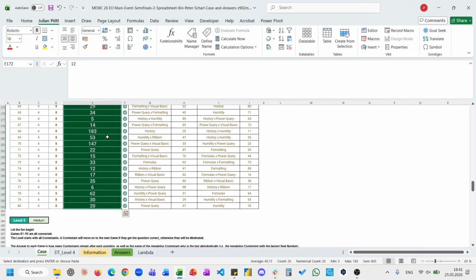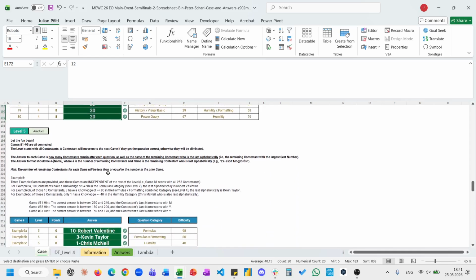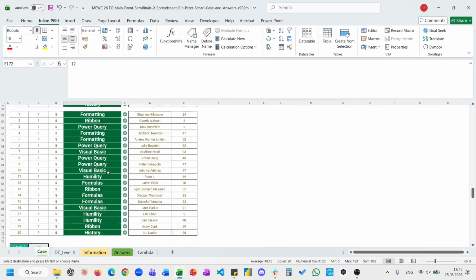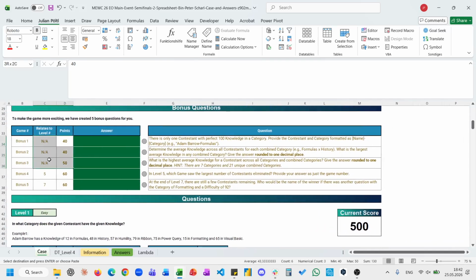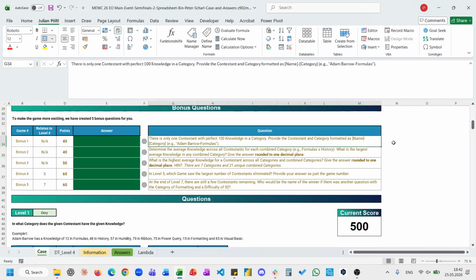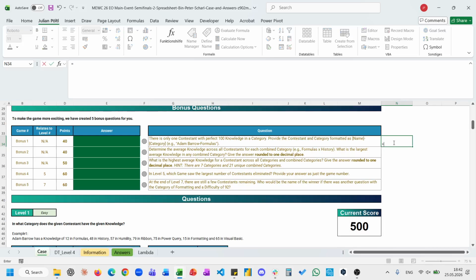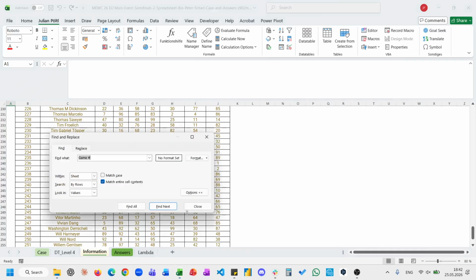Now, in my live attempt, I went to the bonus question, at least the unrelated bonus question, because from level 5 on something will change, and yeah, it was a good choice. So now we do these 3 bonus questions. Only one contestant with 100. So XLOOKUP. How did I do this? No, let's do this manually.